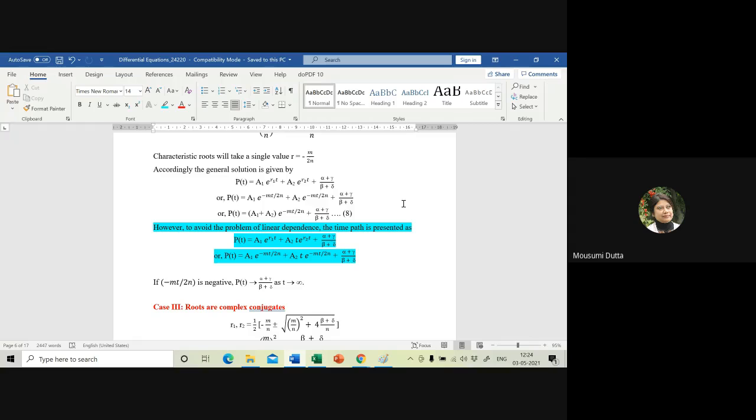So in time series analysis, it is important to discuss linear dependence, linear independence, etc. Now, in this equation number 8, there is a problem of linear dependence.